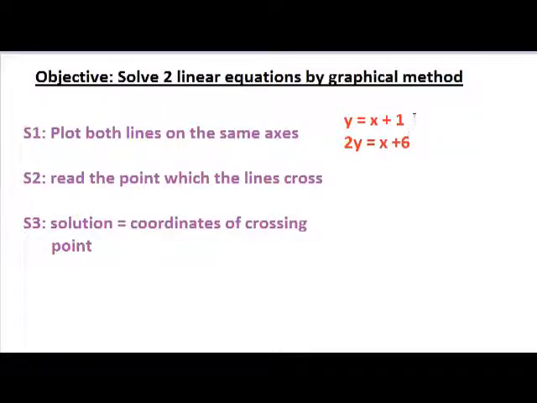Now, let's use the 3-step method to solve the next pair of equations. Remember, firstly, we plot both lines, and then we read the point where the lines cross, and we state the solution as given by the coordinates of the crossing point.